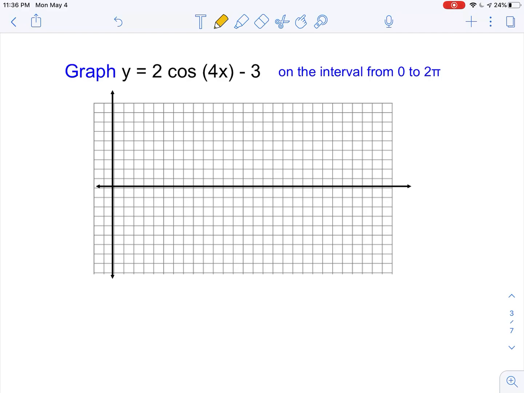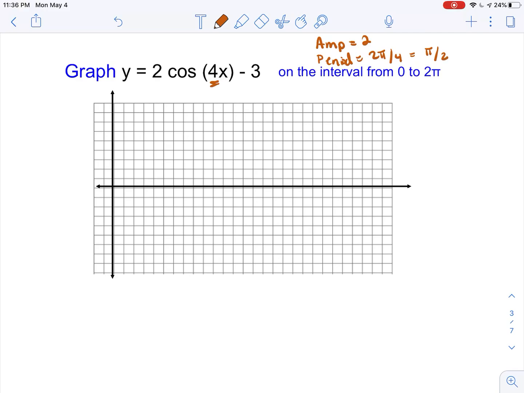We want to graph y equals 2 cosine of 4x shifted down 3 units. So we are going to start the same way. We're going to identify our amplitude, which is 2. And we're going to identify our period, which is 2 pi divided by my frequency, which in this case is 4.